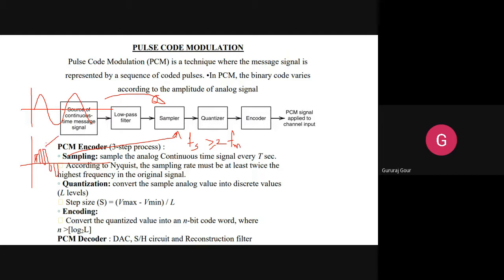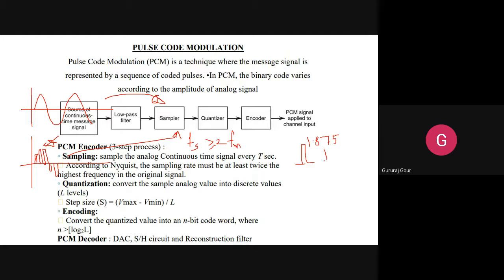Let me show here. Let us consider this is one discrete sample. Assume that it has a value somewhere around 1.875. Quantization means rounding it off.